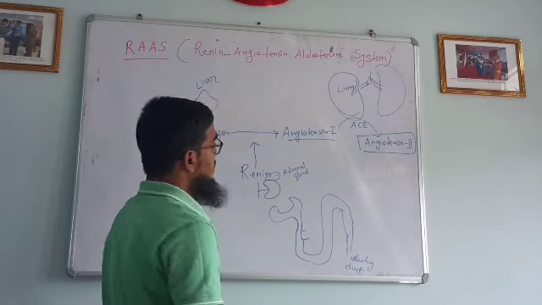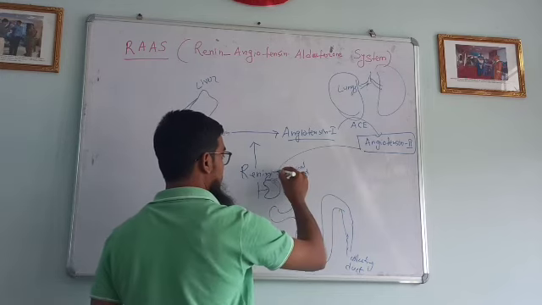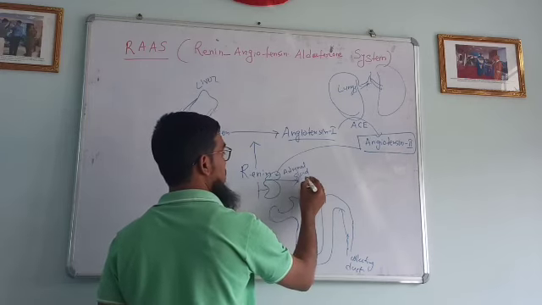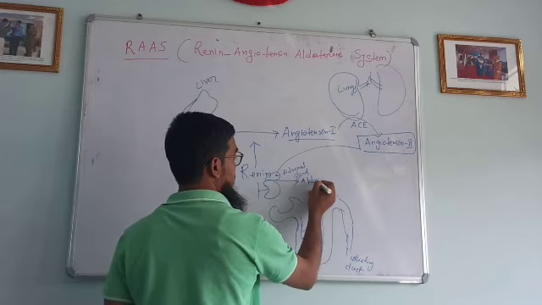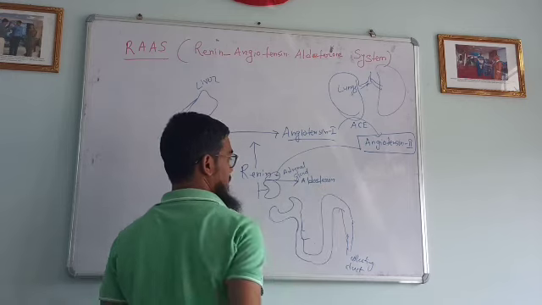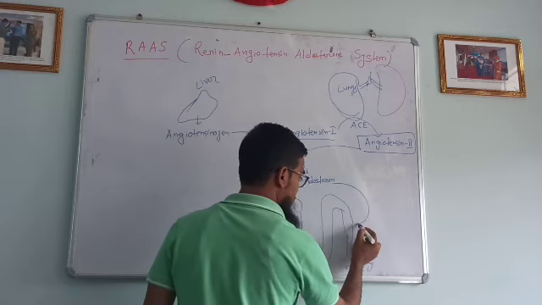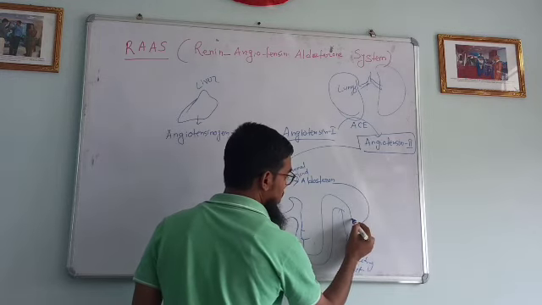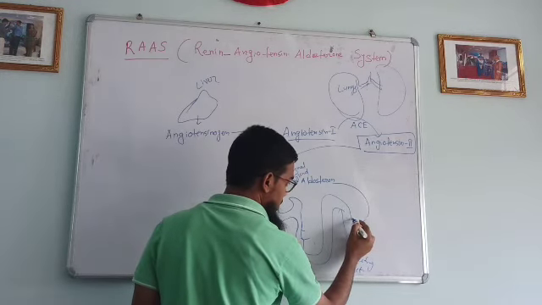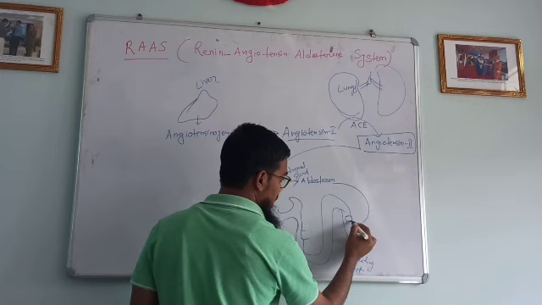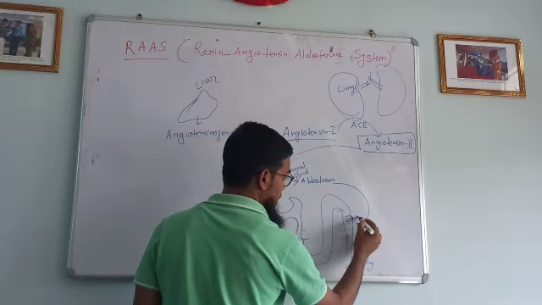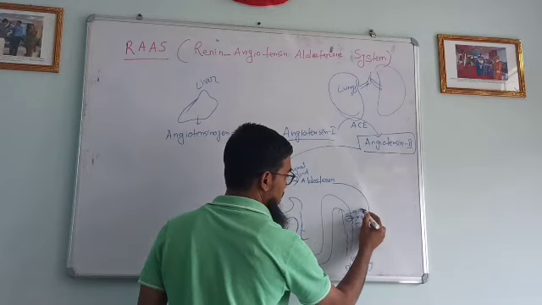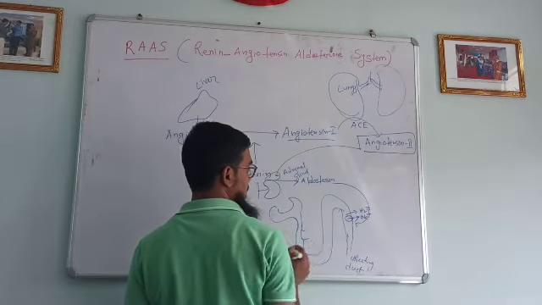Angiotensin 2 works on the adrenal gland to release one hormone which is called aldosterone, and this aldosterone works on the distal convoluted tubule, the last part, and it reabsorbs sodium and water.